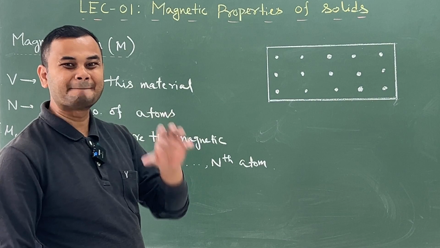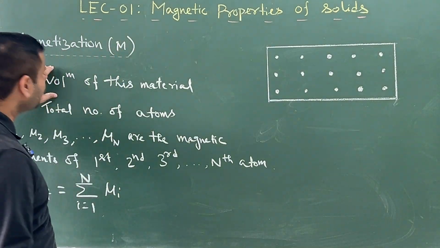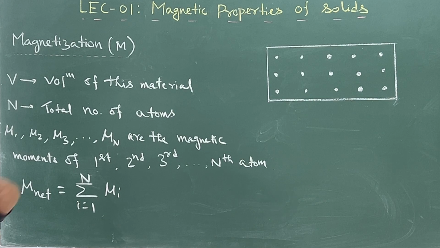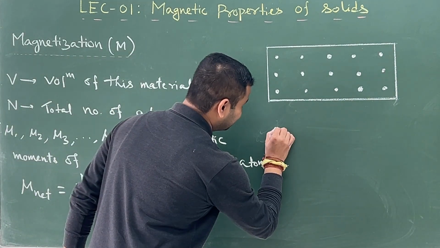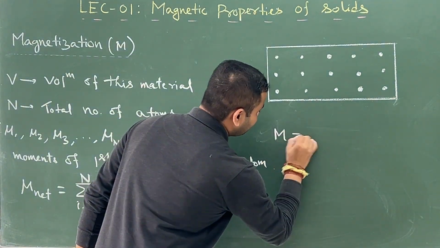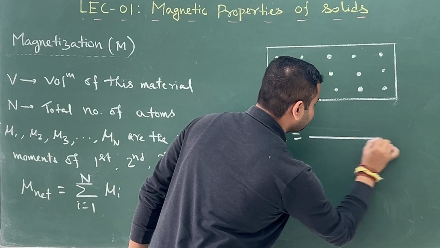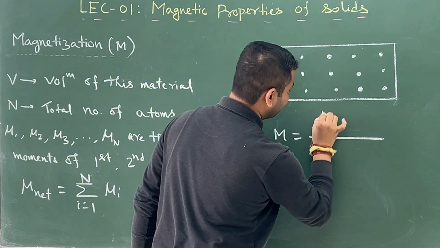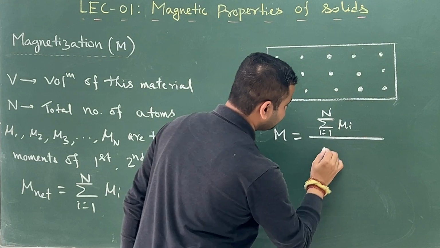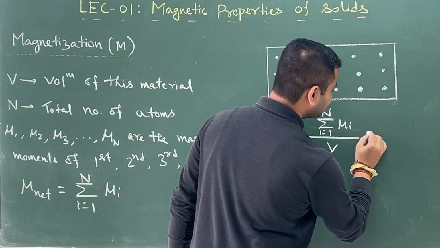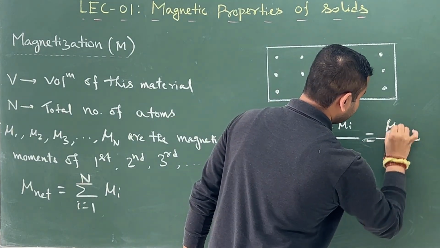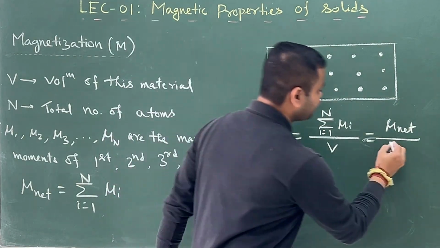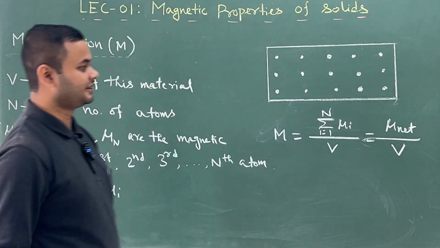The total magnetic dipole moment per unit volume of this material is known as the magnetization of this material. Mathematically, this magnetization is represented as summation I goes from 1 to n mu I divided by V, or simply mu net, total magnetic dipole moment of this material divided by total volume of this material.